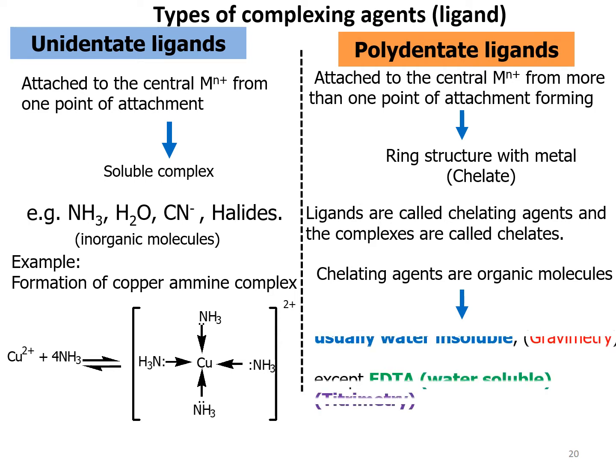Chelating agents are organic molecules which are usually water insoluble and could be determined with gravimetry, but that will be studied later. Except, a very important polydentate ligand is a water soluble universal titrating agent called EDTA.